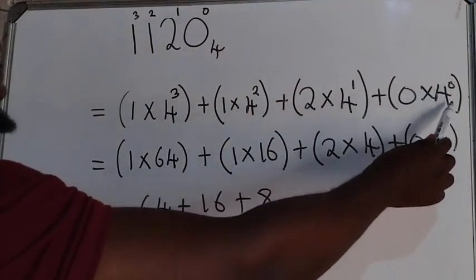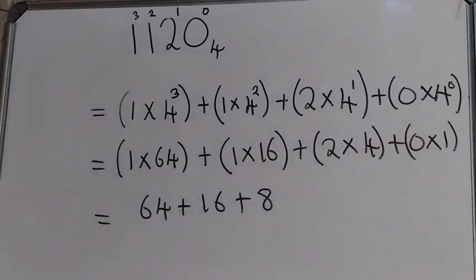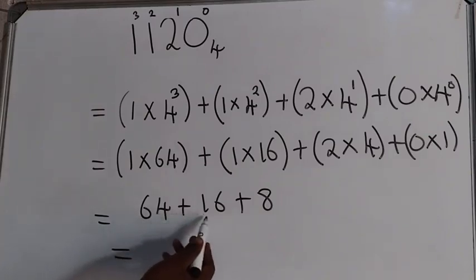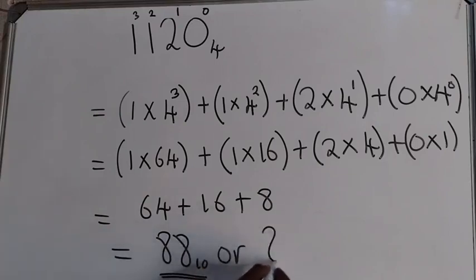Any number raised to the power of 0 gives us 1, unless you have 0 raised to the power of 0, which is a different case. Now let's add 64 plus 16 plus 8. We are going to get 88, which is in base 10. So we have converted that number to base 10. Now it will become easier for us to find the value of x.